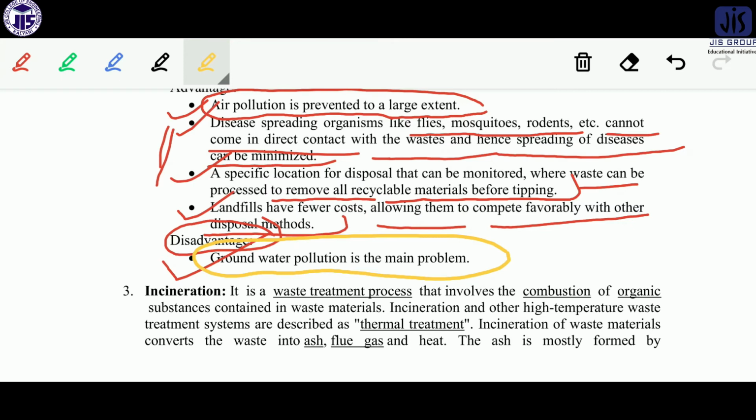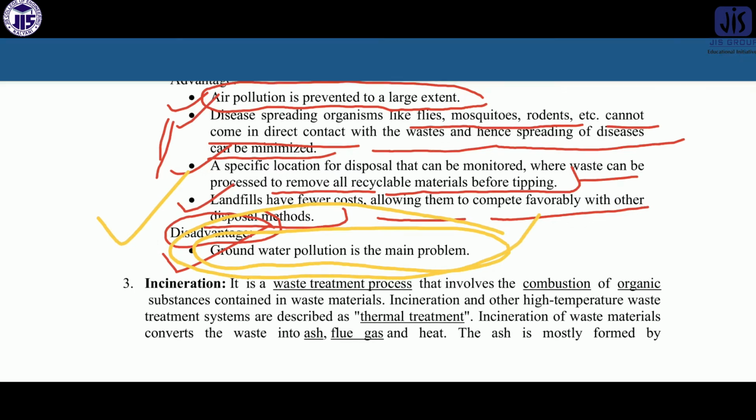When it mixes with the water, it lowers the pH. That means groundwater pH becomes lower. At that pH, some heavy metals can mix with the water, and from groundwater they come to our body. So in this way there's a huge chance of groundwater pollution. Be careful about this process.